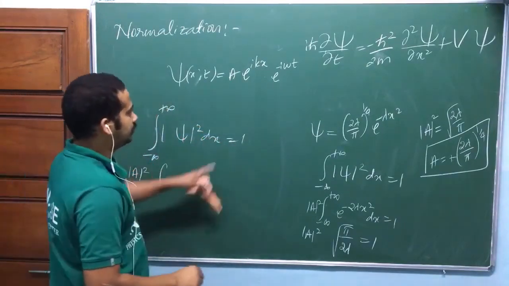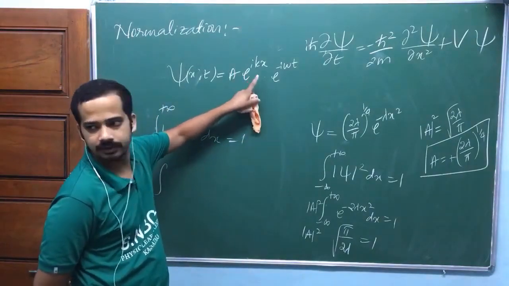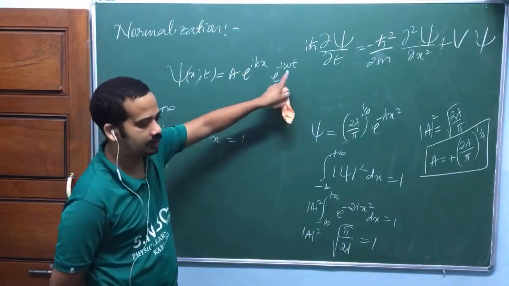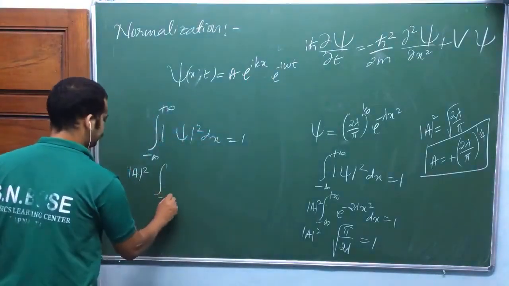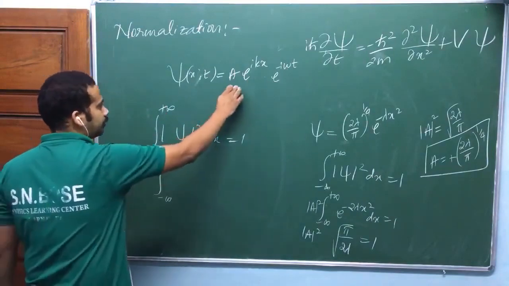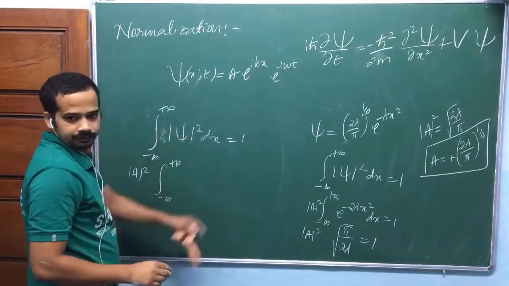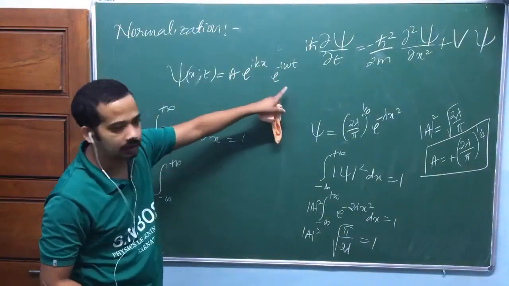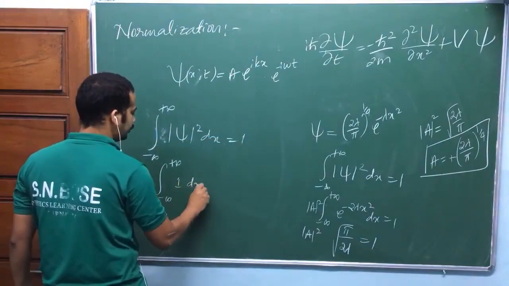What is psi star into psi? e power minus i theta, e power plus i theta. So this will become e power 0. When you make psi star into psi, can you see this? e power i theta, modulus values are 1. So that's equal to 1 dx is equal to 1.